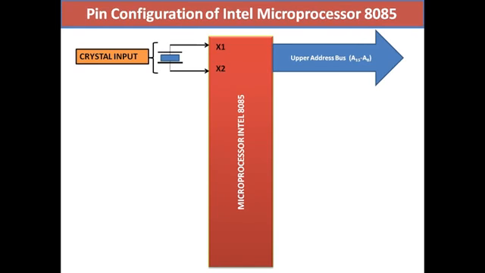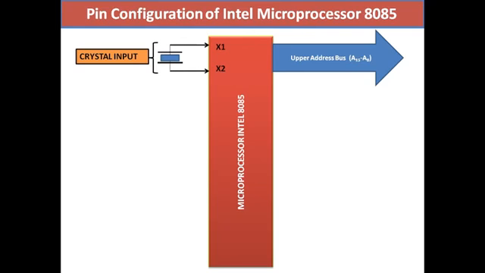Well, the 8085 can address up to 16 bits. So 2 to the power 16 is roughly around 64 kilo locations. So a microprocessor 8085 can actually address 64 kilo locations of a memory. The address bus is broken down into two halves.